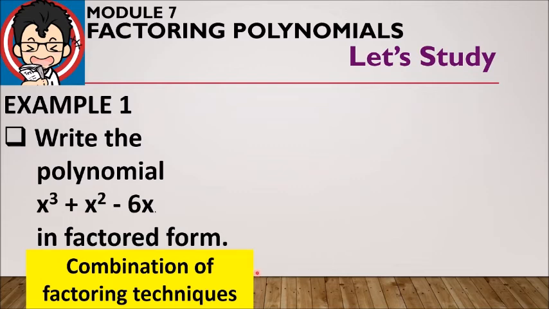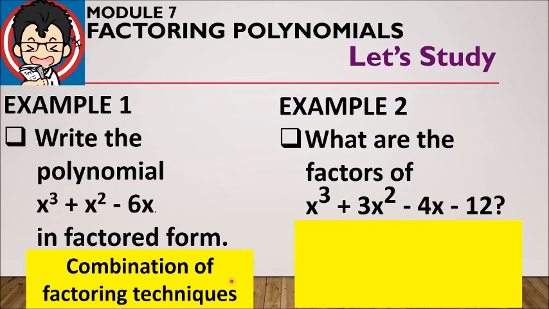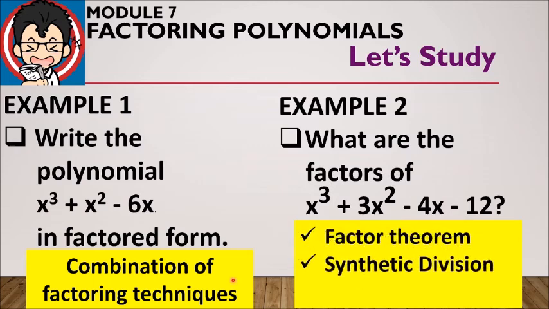Paano naman kaya sa example number 2? For example number 2, anong ginawa natin? We applied the concept of factor theorem. And at the same time, nag-synthetic division tayo in order to identify at least one factor. And then, saka tayo gumamit ng isa pang factoring technique.